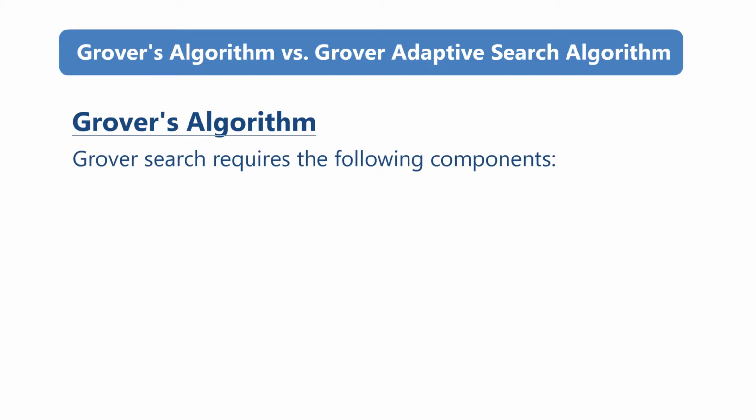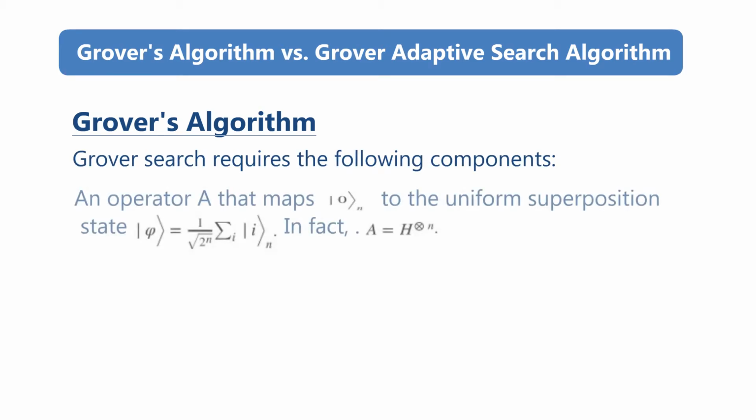Grover search requires the following components: an operator A that maps |0⟩_n to the uniform superposition state |φ⟩ = 1/√(2^n) Σ_i |i⟩_n. In fact, A equals H^⊗n.